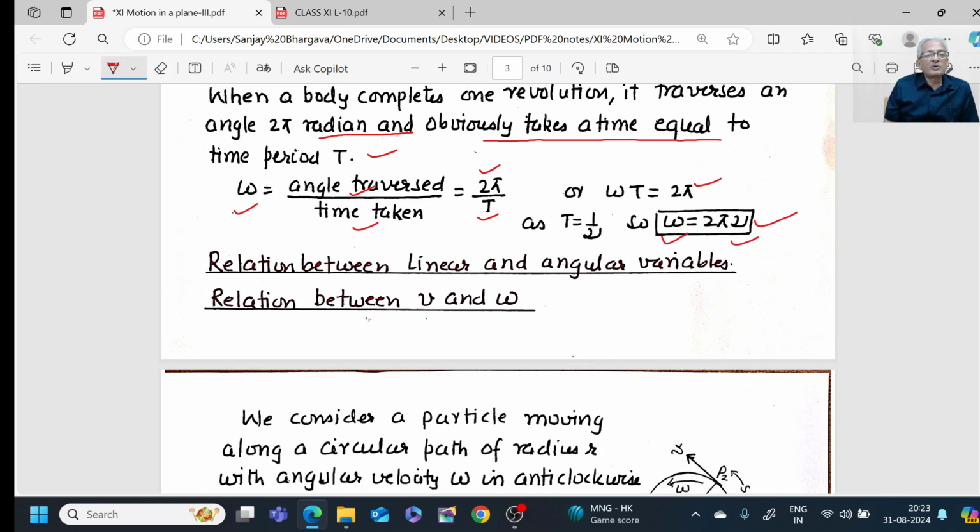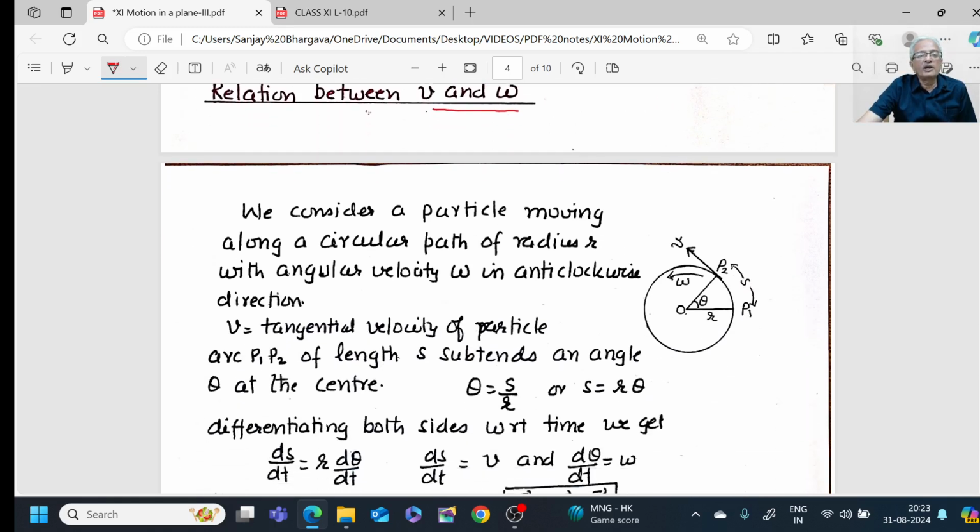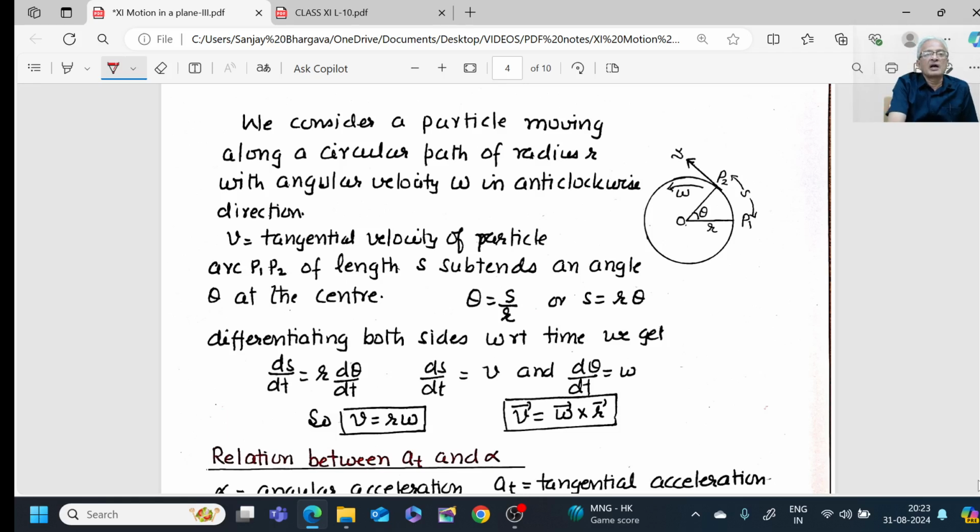Now, we would like to calculate the relation between linear and angular variables, that is v and omega. So we consider a particle moving along a circular path of radius r with angular velocity omega in anti-clockwise direction. It has a velocity v and angular velocity omega. It's moving from point P1 to point P2 and the linear displacement is s.